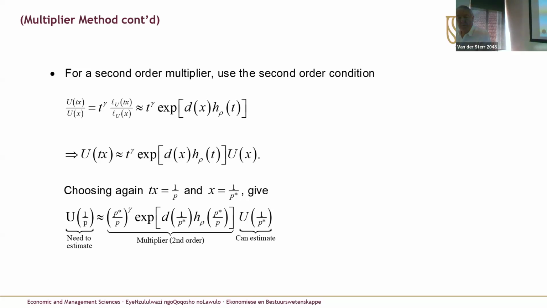And again, if we make those choices, T X as 1 over p and X as 1 over p star, then what we need to estimate, U of 1 over p, is the same as what we had before, p star over p to the gamma, but with this term added. And again, that is something we can estimate. If you leave out this exponential term, you're back to your first order.